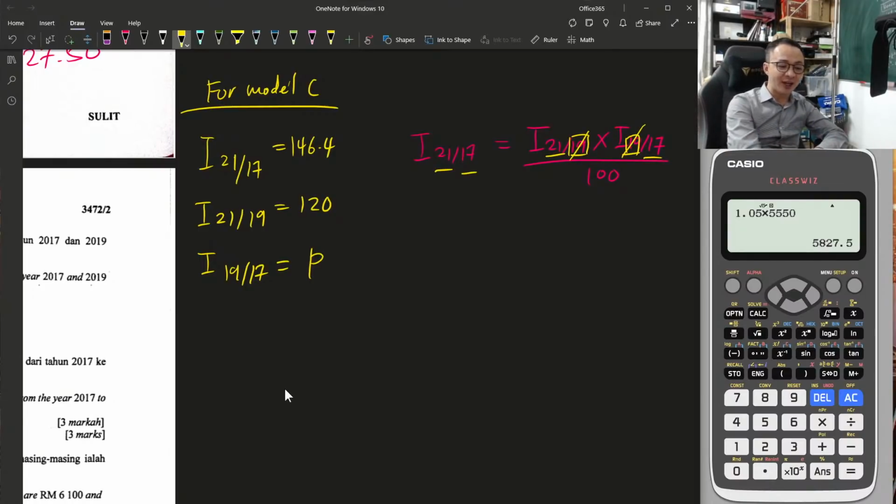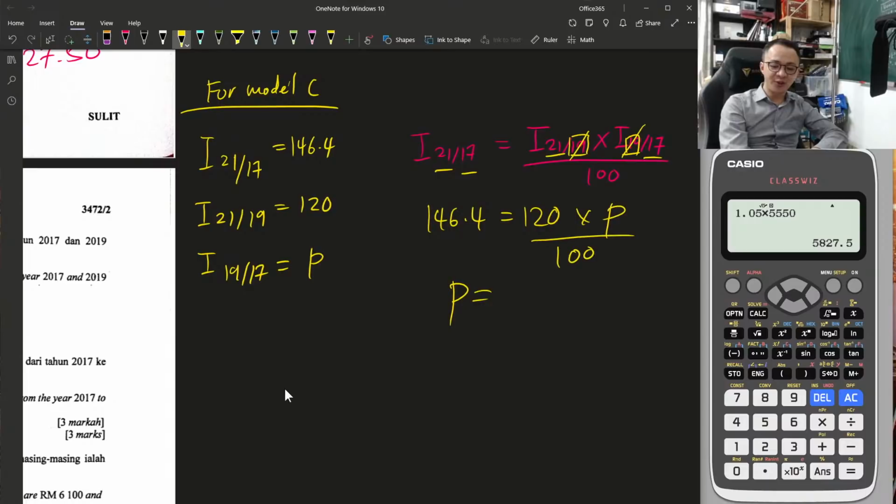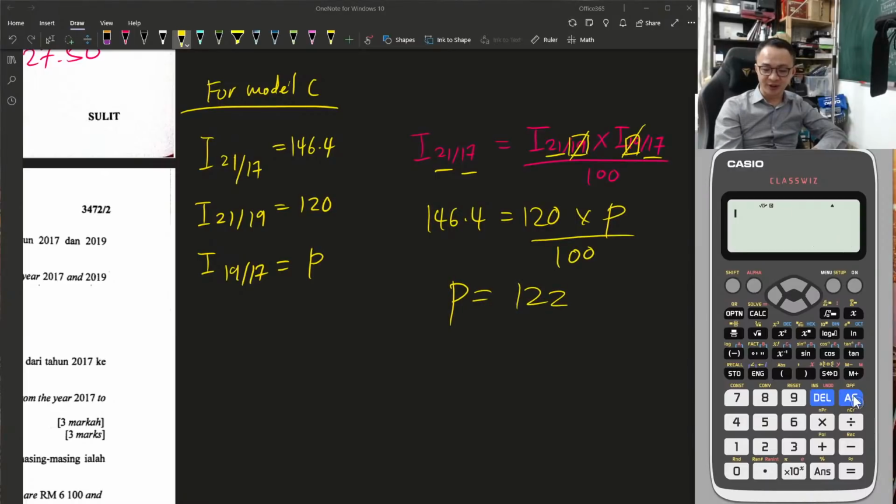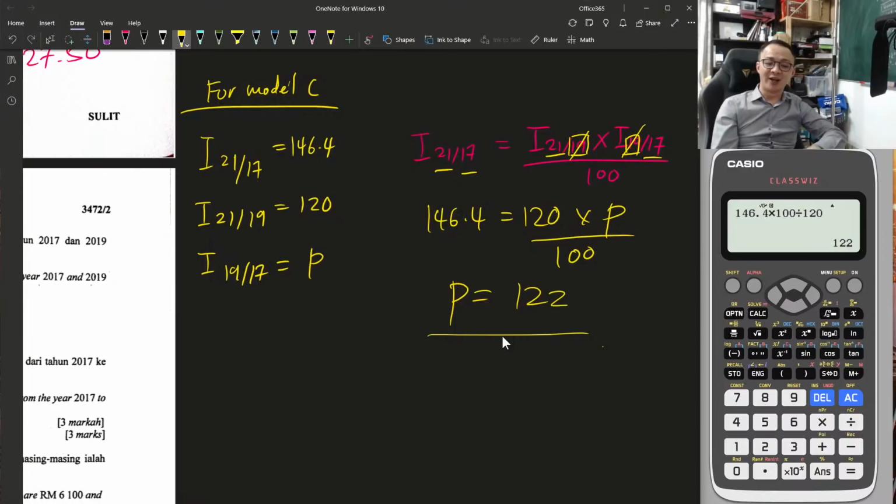If you did, then I will substitute everything I have here. 21/17 is 146.4, 21/19 is 120, 19/17 is P, divided by 100. By solving this, I get 122, if I'm not mistaken: 146.4 times 100 divided by 120. So I get 122. This is how I get P.